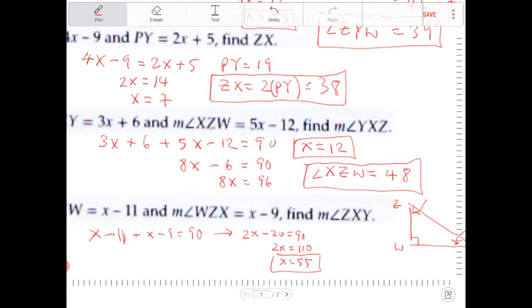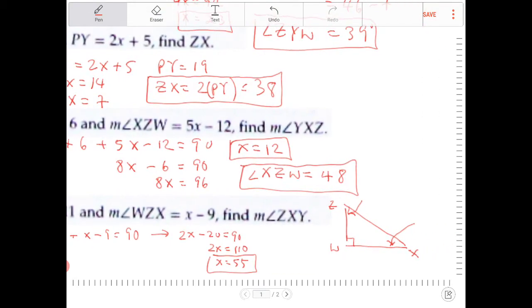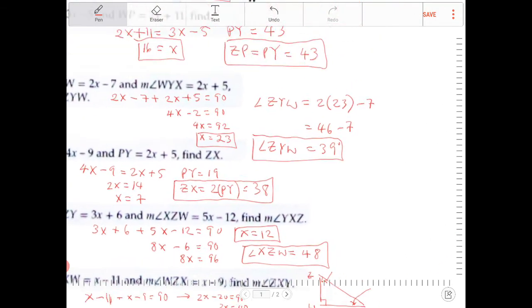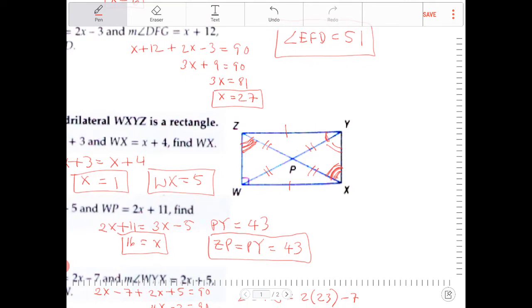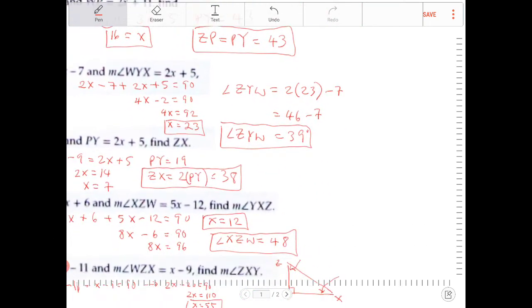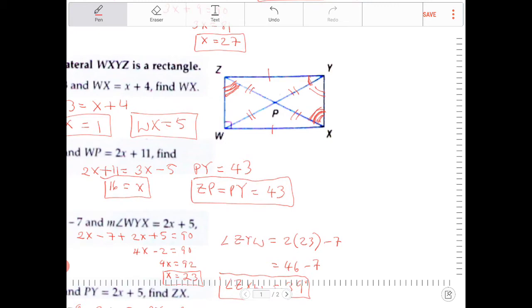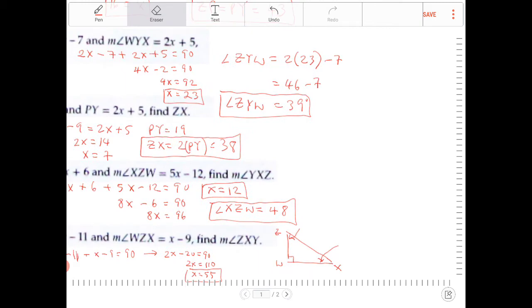Since x is equal to 55, I'm asked to find out what ZXY is, right? So it's essentially the same problem as before. Looking at this, ZXY is going to be congruent to WZX.